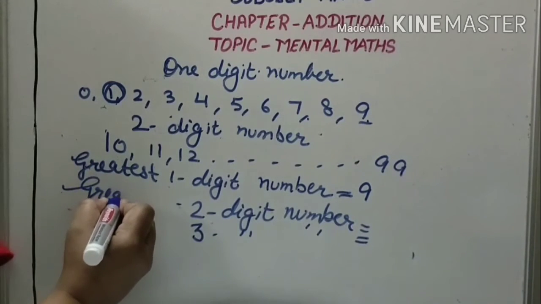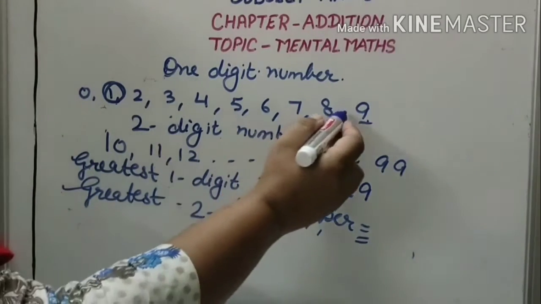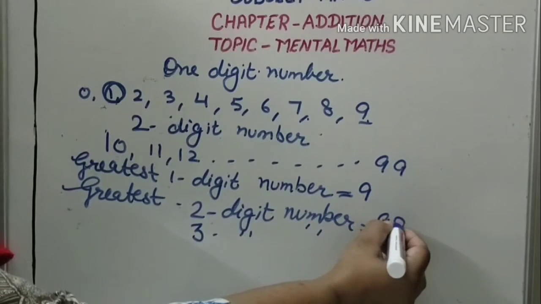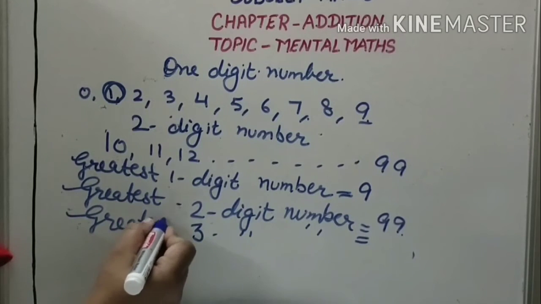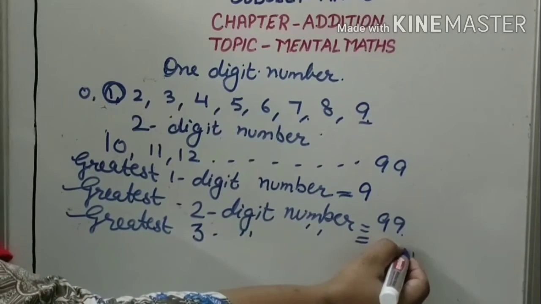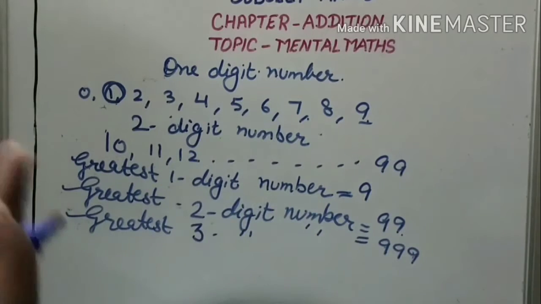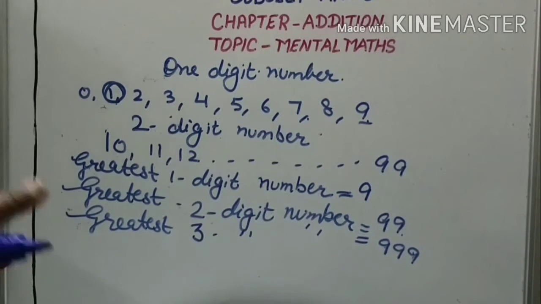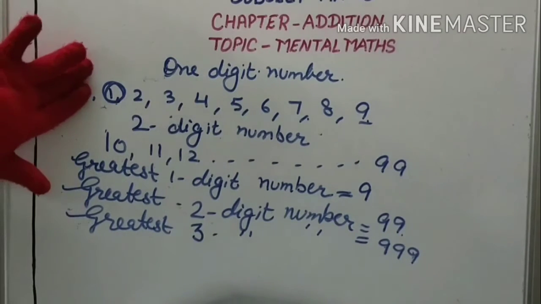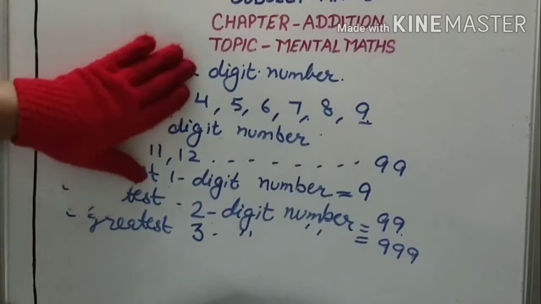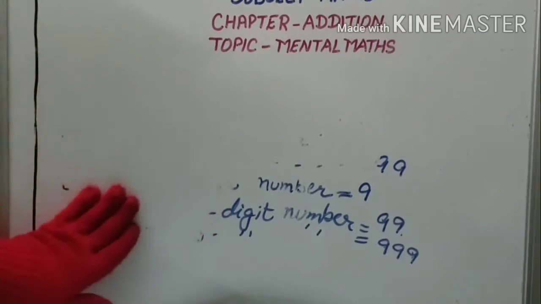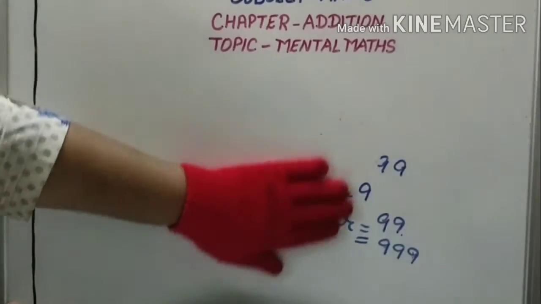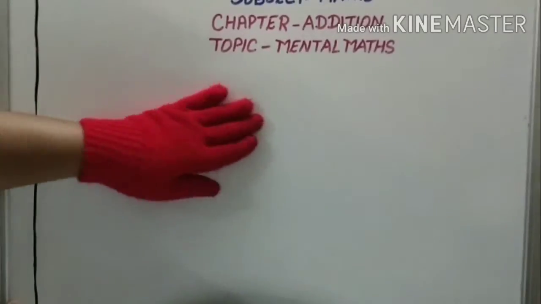Then the greatest 2-digit number is 99. In the same manner, the greatest 3-digit number is 999. After that 1000 will start, that is 4-digit. So children, whenever we have to write the smallest number, we start with 1, and for the greatest number we write with 9. Okay, this is the logic behind this, children.